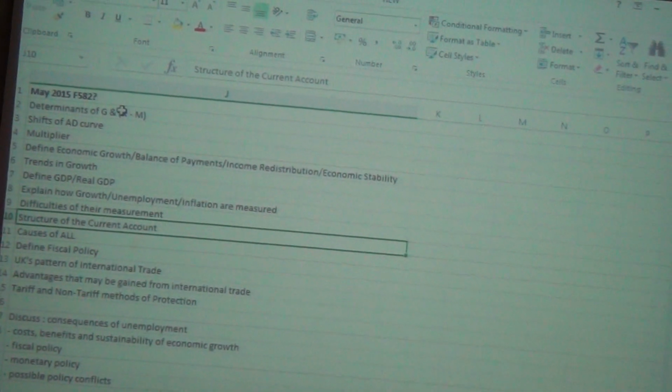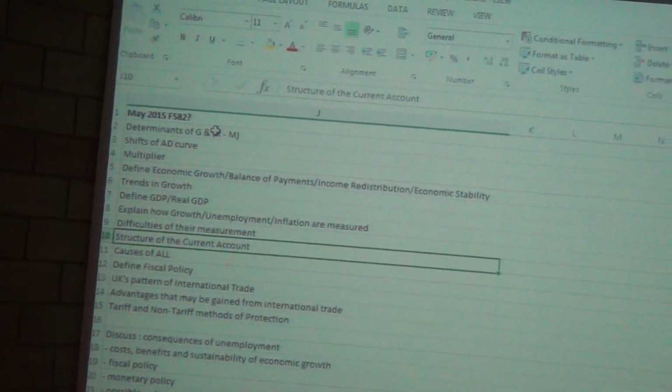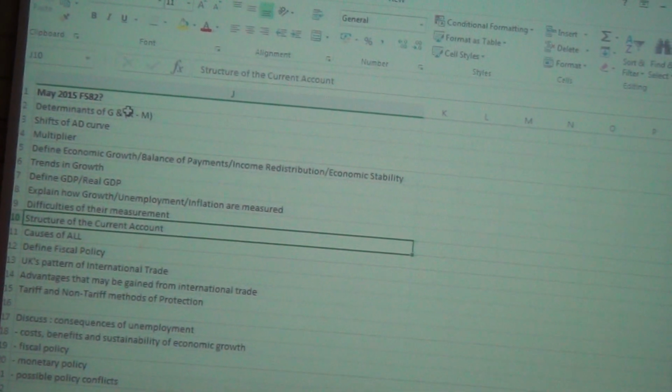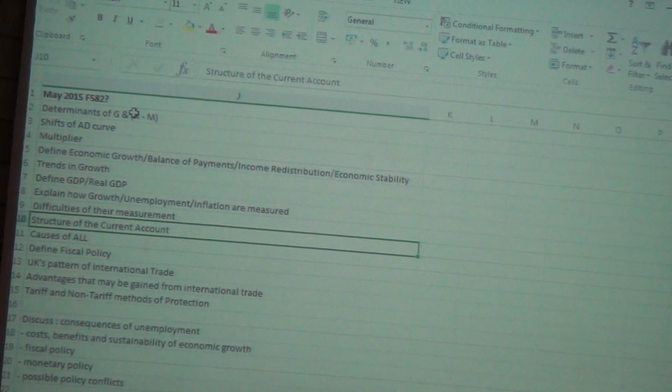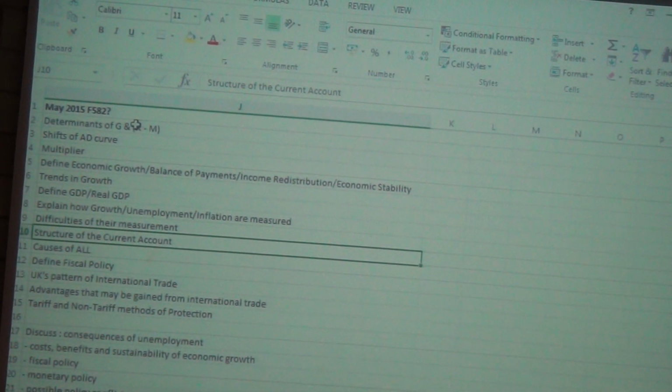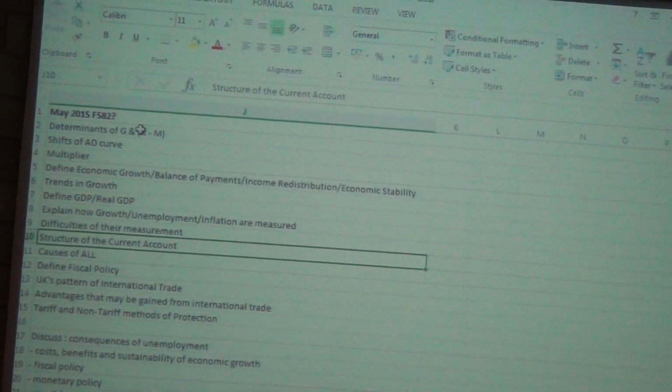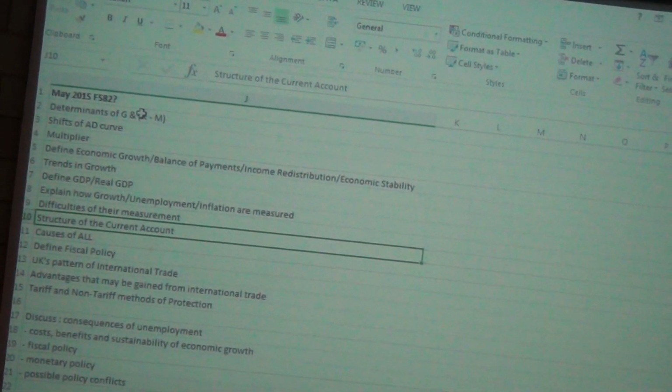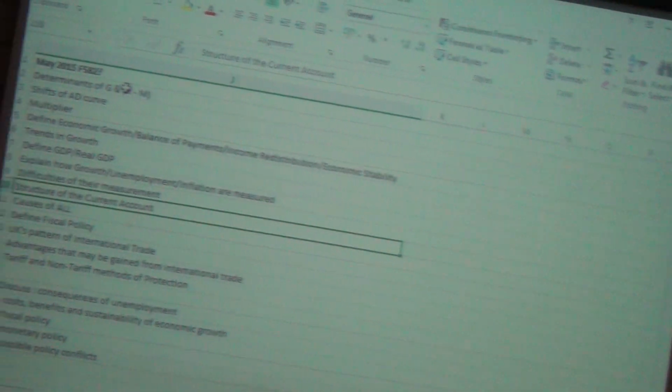Now let me just see if I can straighten this up a bit and zoom in on it for you. Whoops.